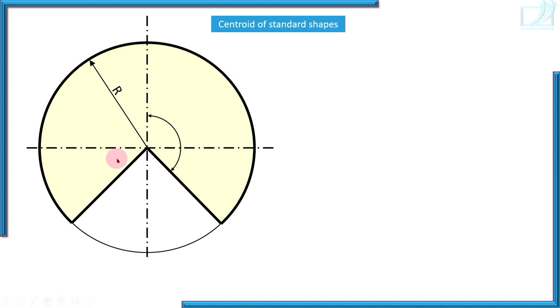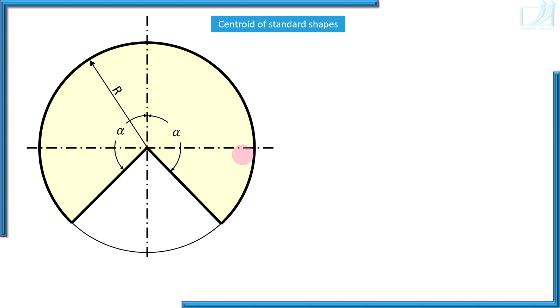A sector is a symmetrical shape. The line, in this case this vertical line, which bisects the angle of the sector is the axis of symmetry of the sector. In this diagram, the angle of the sector is 2 alpha, and alpha shown in the diagram is the semi-angle of the sector. So for a sector you should know r and alpha.